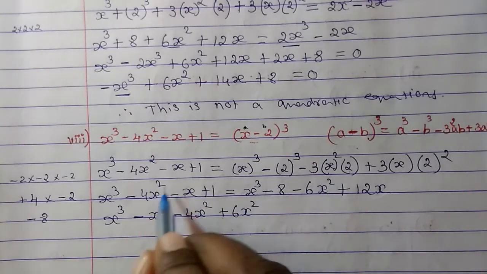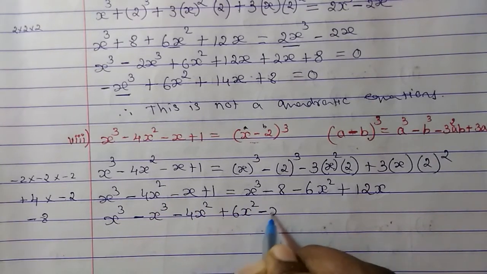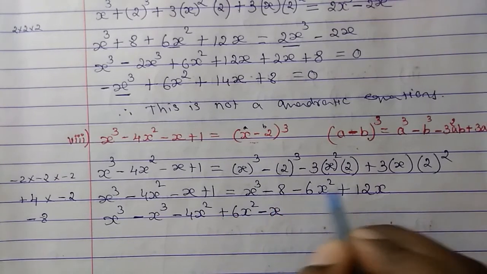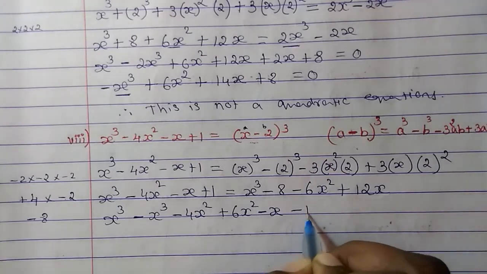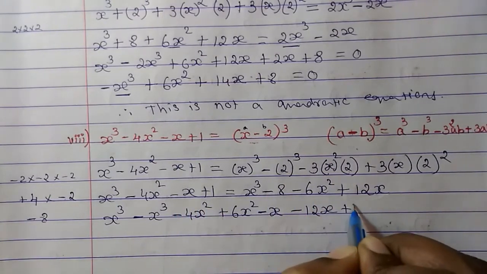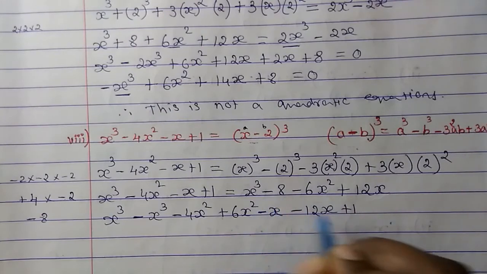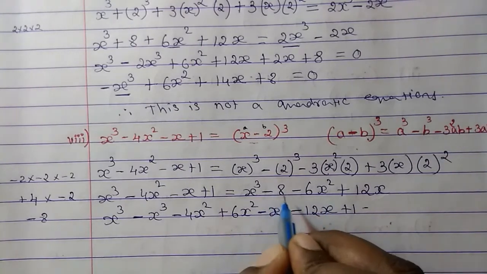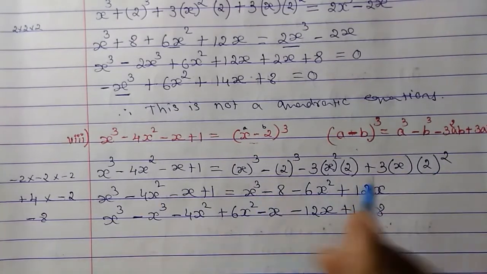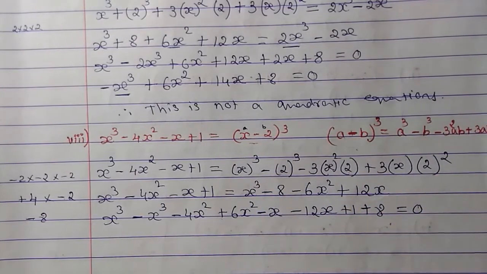Then now we have here x is left, minus x. Here we have 12x when it comes this side becomes minus 12x. Now what is left? Number is here plus 1 and here you have minus 8. When minus 8 comes this side becomes plus 8. So all things have come this side. Now this side nothing is left, so 0.